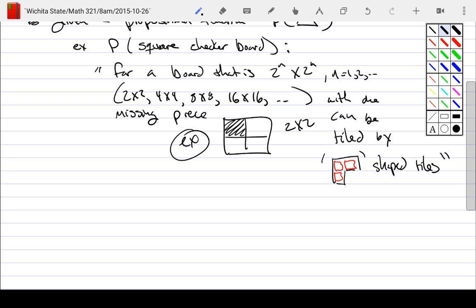It simply says it doesn't matter if it's 2 by 2, 4 by 4, 8 by 8. Pull one part out. I'm always going to be able to tile it with these little L shapes. I'll completely cover it, no matter what. And so that's a propositional function, right?